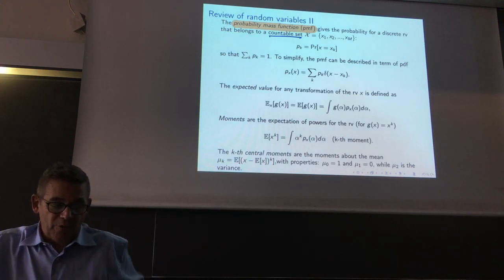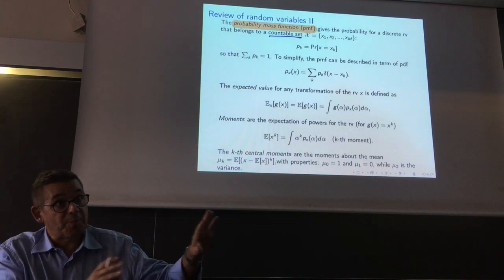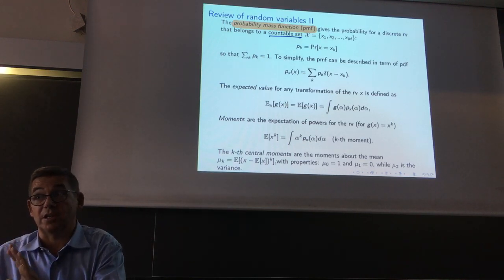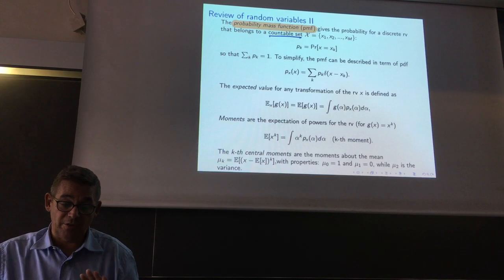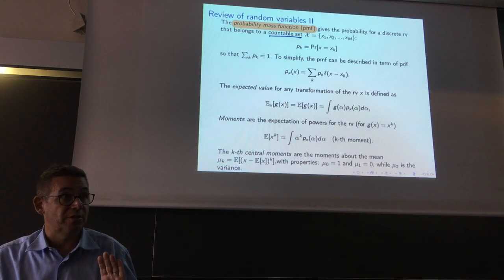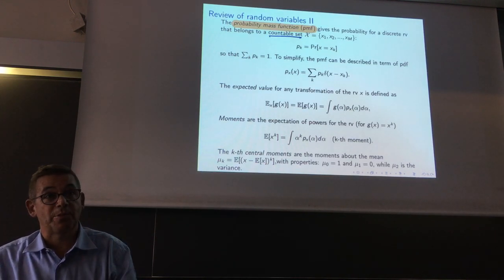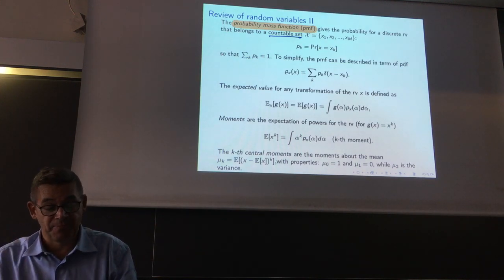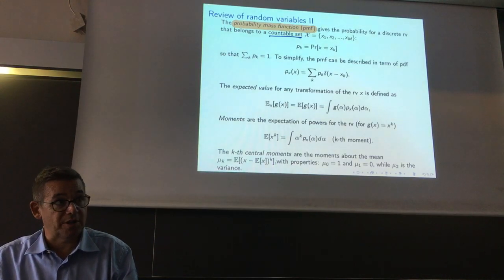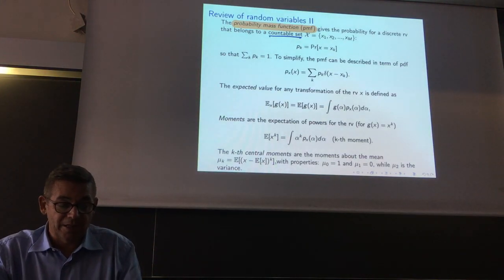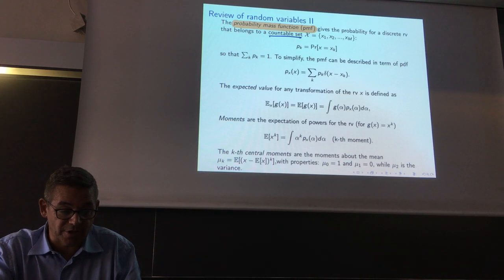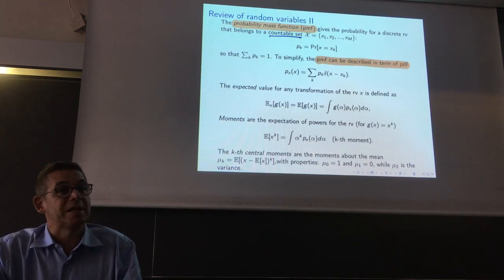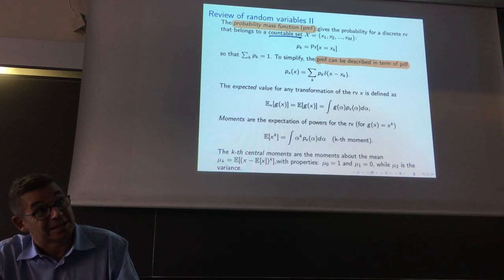Now, if I want to put together the representation of the previous case, which is continuous, and the representation of the second case, which is discrete, I need to define the delta function. The delta function has the property of a unit area. Since the delta function has a unit area, the probability mass function can be represented in terms of a probability density function.